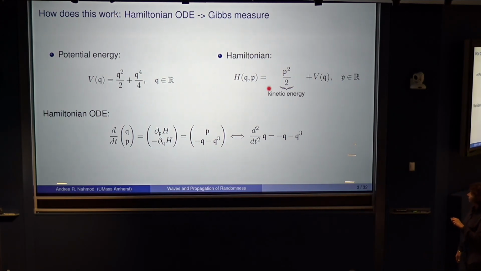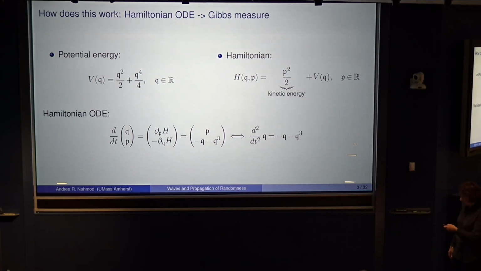So you have your Hamiltonian, which is p squared over 2 plus the potential. And the Hamiltonian ODE, which is written here, is simply q dot, p dot equals dpH, minus dqH, which is simply p, and then for the second equation you have minus q cubed, which is equivalent to this second order equation, which is what you will get if you use Newton's second law.